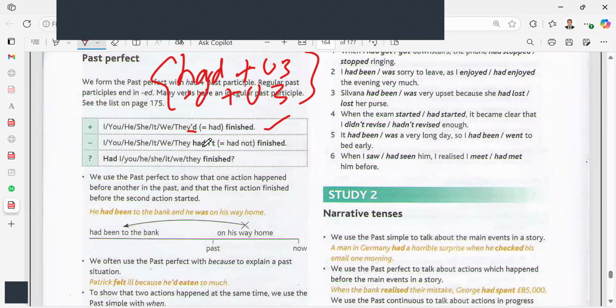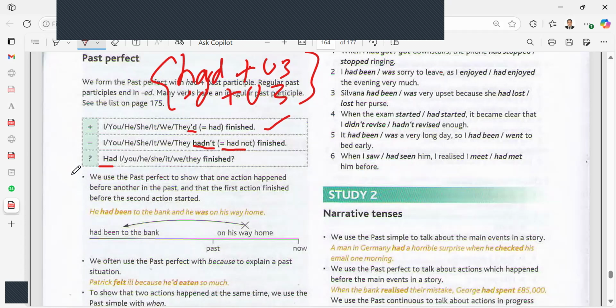For negative, just write hadn't or had not plus verb 3. Now, to make the question, just start with had, a yes or no question. For example, had she finished her homework? Okay, this is the format, for the positive, negative, and question forms.